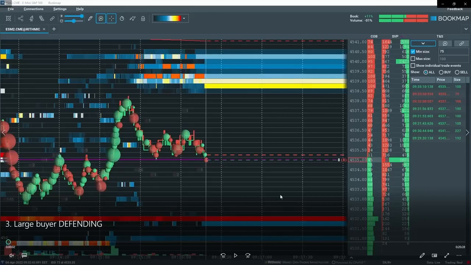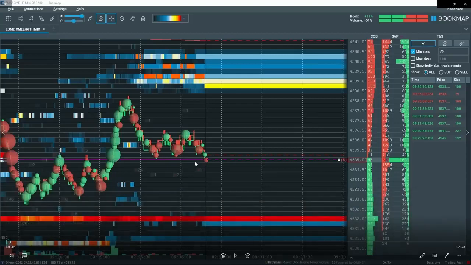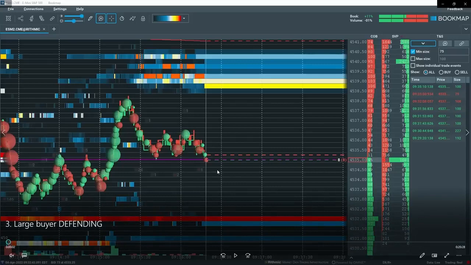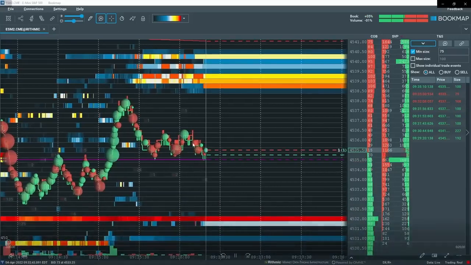Right now it's 3,600 lots. What we're going to see is as the market pulls back down into this 45.35, there isn't any passive buyer shown on the heat map or the level 2, basically providing the liquidity to hold the market above 45.35. So watch what happens here.